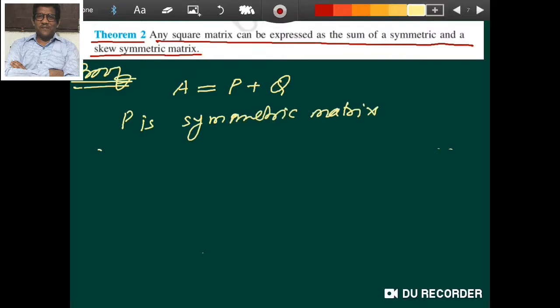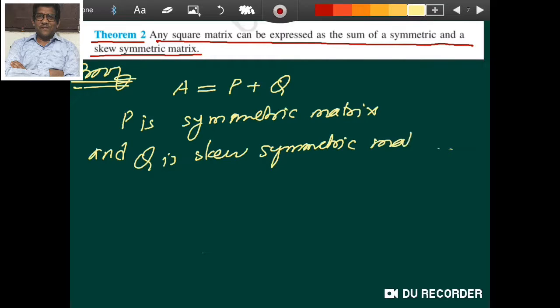So here we observe that matrix A can be expressed as the sum of P plus Q, where P is a symmetric matrix and Q is a skew symmetric matrix.